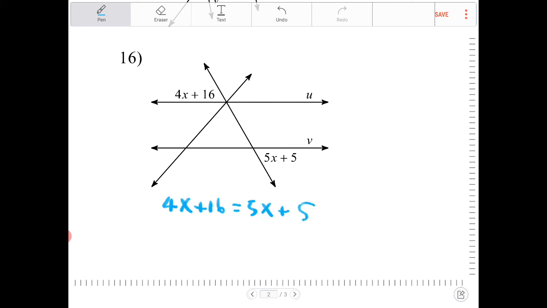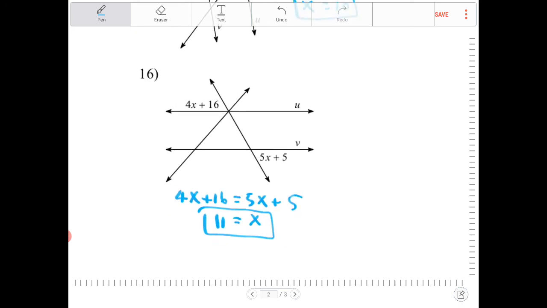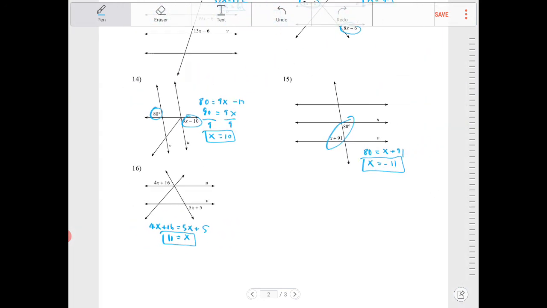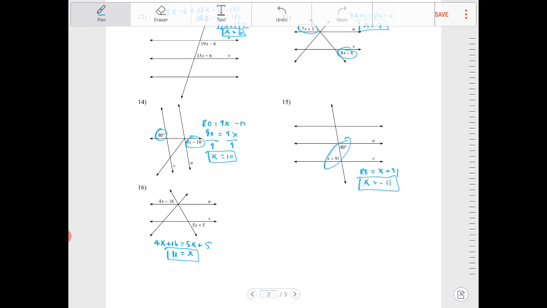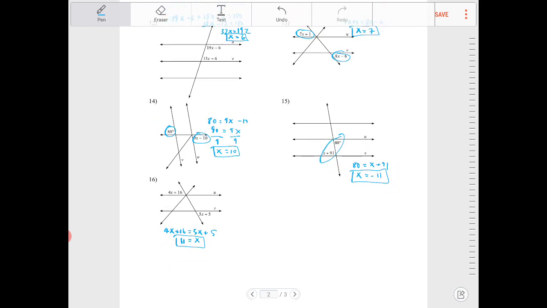So if I subtract 4x and subtract 5, I'll end up with x equal to 11. So if all these x's happen to equal those values, then lines U and V will indeed be parallel.